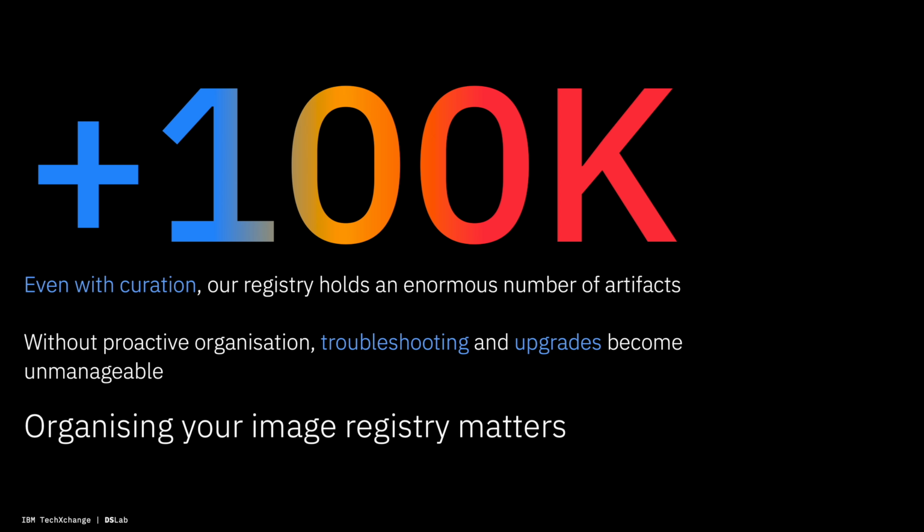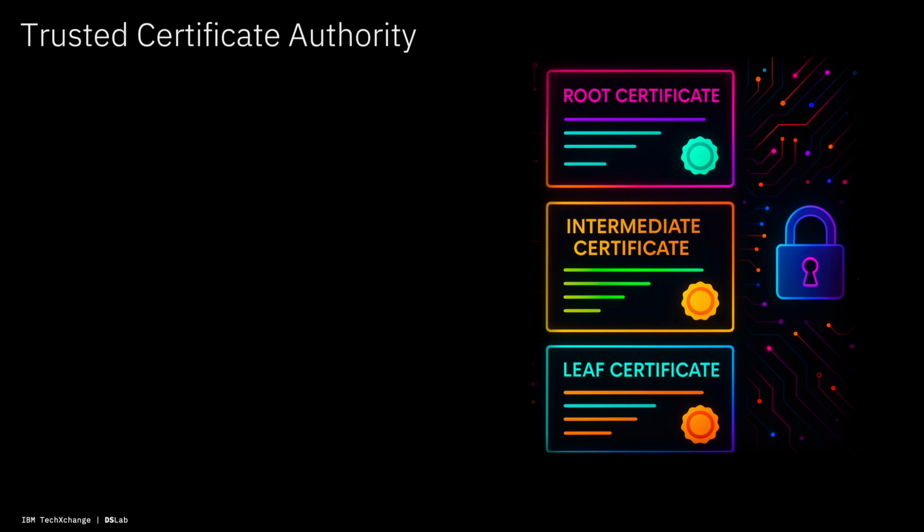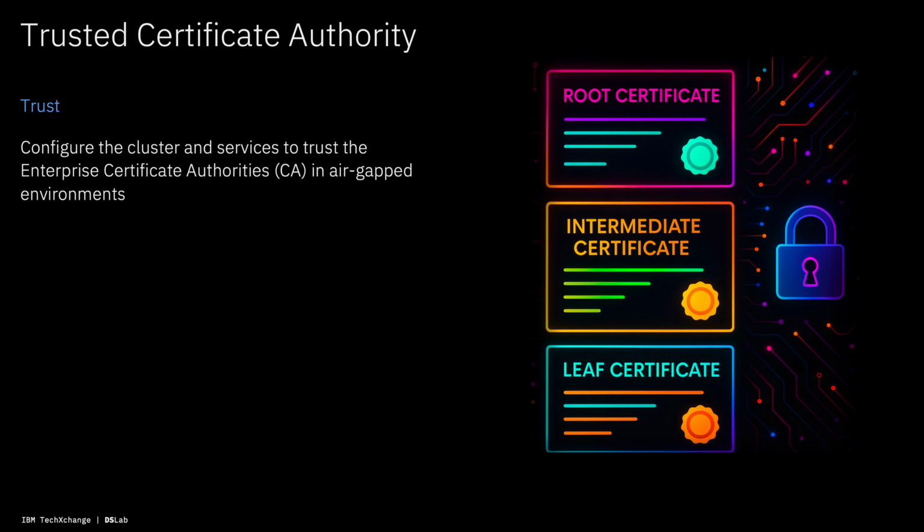With all the content loaded, we now need to ensure our registry is trusted. In an air-gapped environment, identities are signed by an internal certificate authority, or CA. By default, applications trust only the public CAs. To enable secure communication, the enterprise CAs must be added to the trust stores of the applications on the registry server and the cluster.